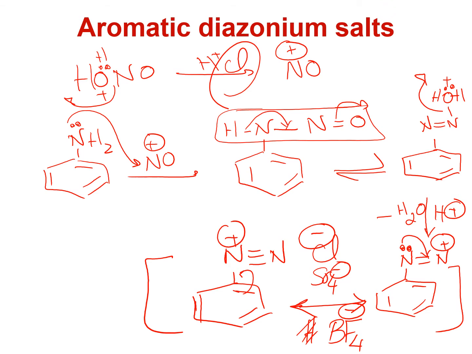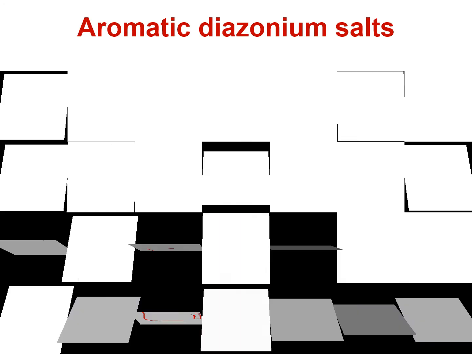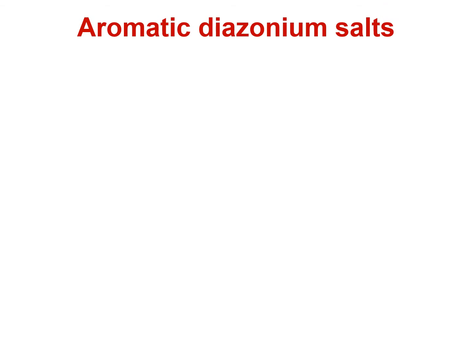Remember, we said that for the preparation of diazonium salts, you actually have to use a primary aromatic amine. We said that this is because if you use aliphatic amines and you prepare the aliphatic diazonium salts, they are totally unstable.